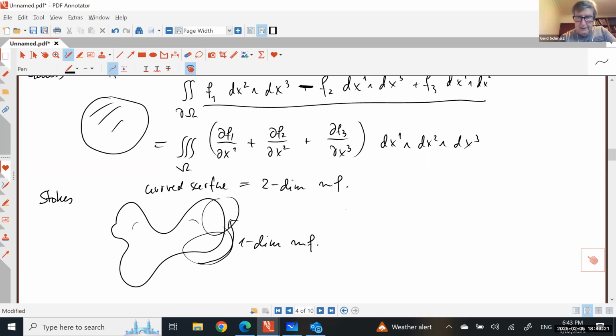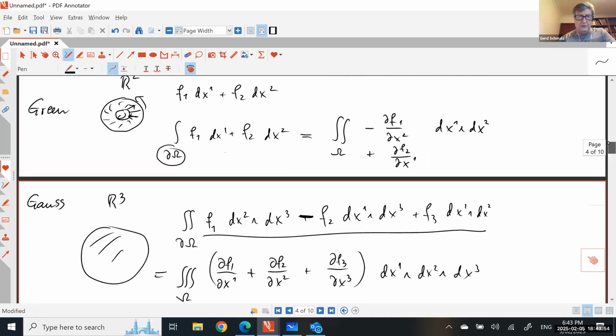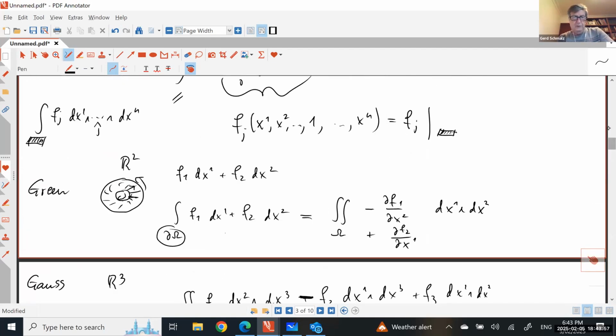This is actually nothing but Green's theorem. But that would be the most difficult to prove because we would need some parameterization of all of these curves, which makes it technically very difficult. But if we have the notion of a manifold and we can switch to charts, then that is just the same proof. So that is the usual Stokes theorem. It's the same as Green's theorem, just on curved two-dimensional manifolds.